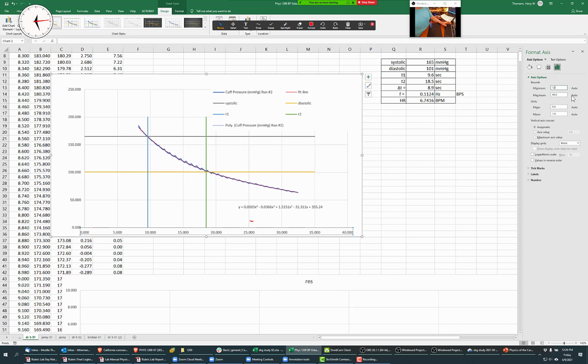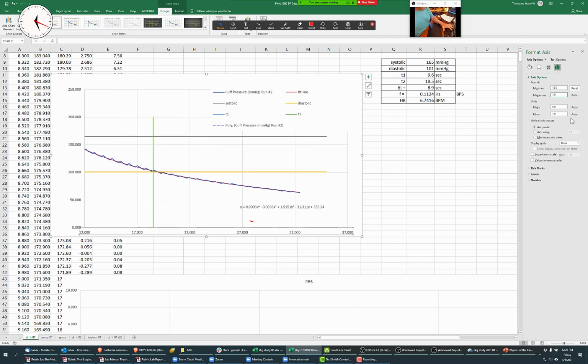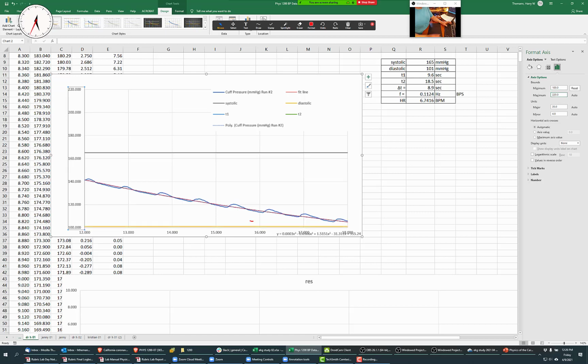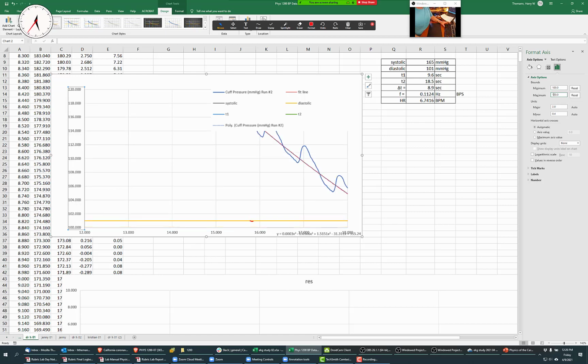I'm going to get moving here. We're taking too much time. 12 to 18. And then we put this at 100 to... what is it? 150. Oops, went off the graph. It's because I hit 120.